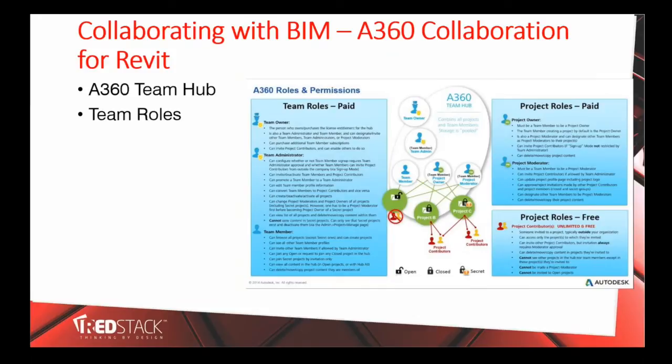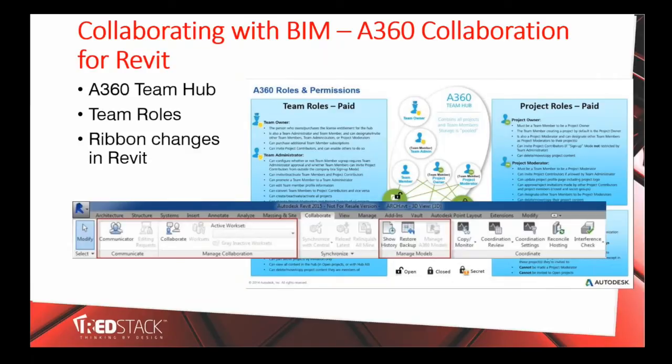So with the Team Hub, once project and team membership has been established, you can then turn your attention to Revit. Within Revit, there are some noticeable differences on the Collaborate tab. There are now some new changes to the ribbon. The Work Sets button will be disabled, and a new Collaborate button is available.